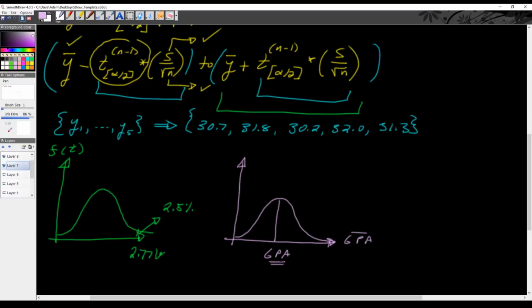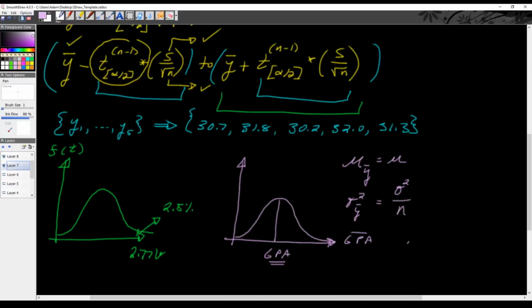And again, the sampling distribution has a normal distribution. So the average of the sample means will equal the true population average. The variance of the sample means equals the true population variance divided by n.